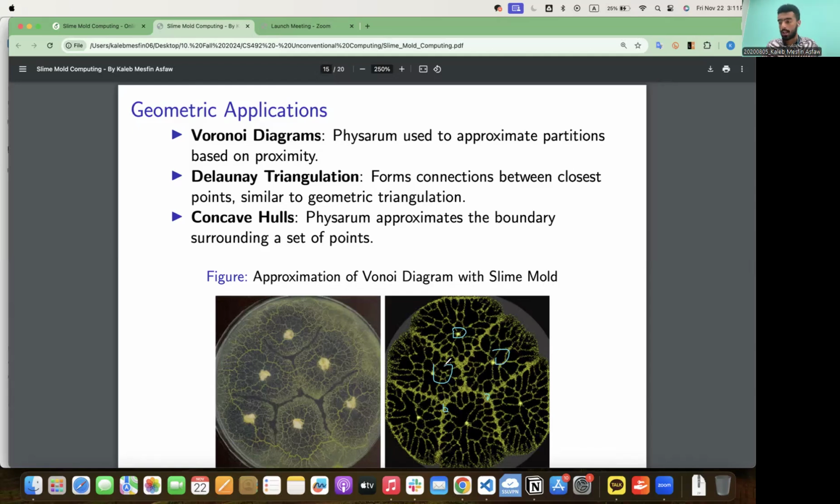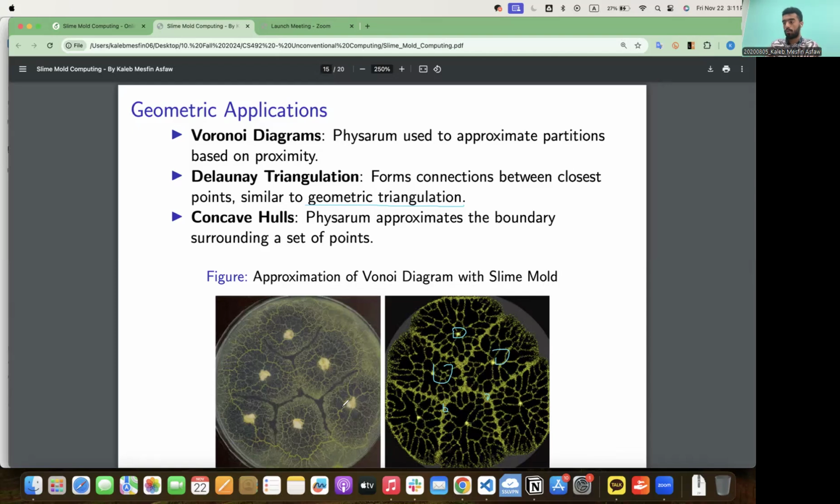That's why it's equidistant. They also have applications in forming connections between closer points, in a way similar to a triangulation process called Delaunay triangulation. It's just the dual graph of this Voronoi diagram.